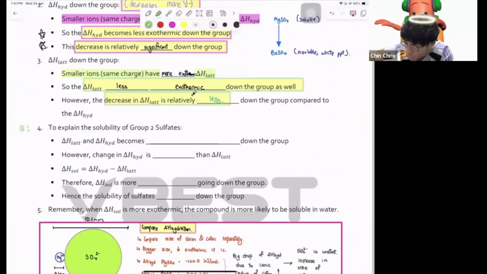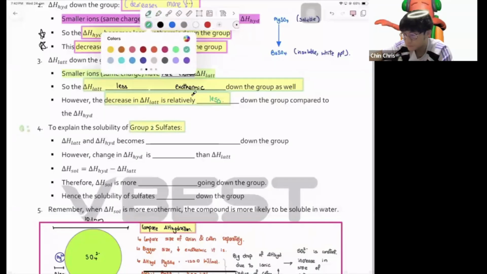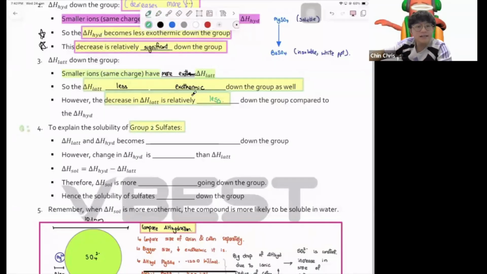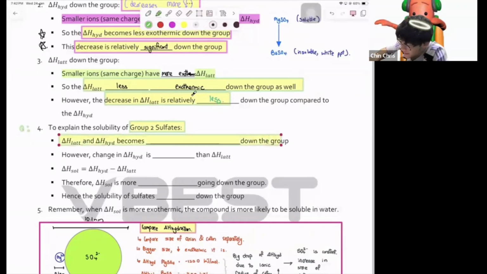Solubility of group 2 sulfates. First, I can say that my hydration and lattice both become less exothermic going down, or less negative going down. That is the first point. You score 1 mark here.